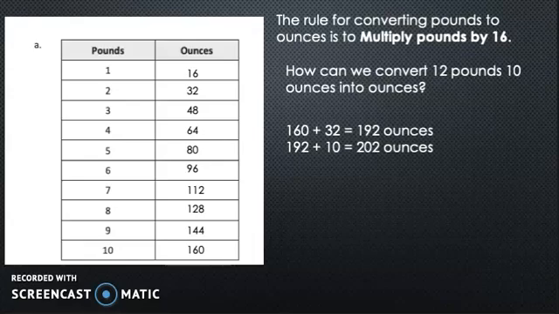Then we can add 10 more ounces. So I took 160 ounces plus 32 ounces and got 192 ounces. Then I took the 192 ounces and added 10 more ounces to it, which gave me 202 ounces. So 12 pounds 10 ounces is equal to 202 ounces.